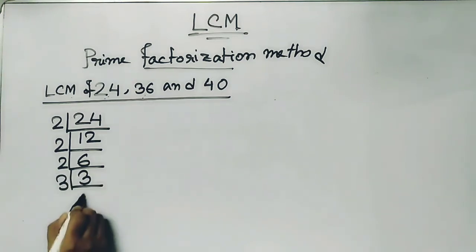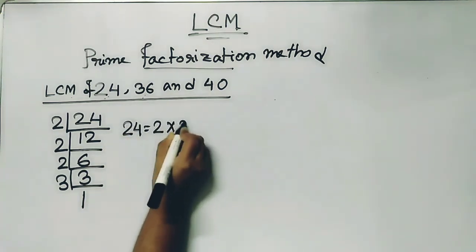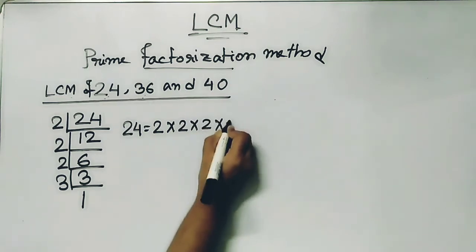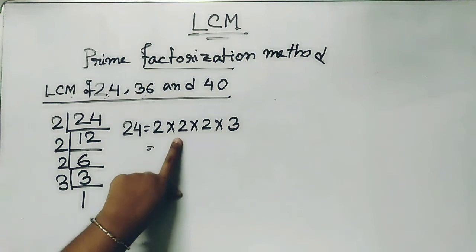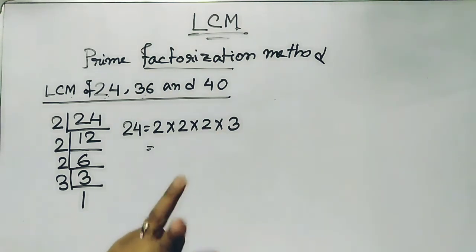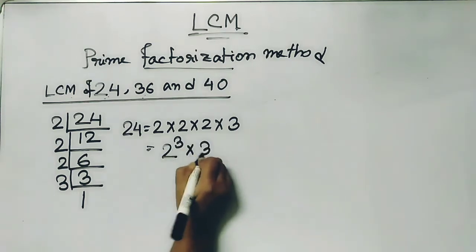And 3 is divisible by 3, so 1. So we can write 24 equal to 2 into 2 into 2 into 3. And here 2 comes 3 times. So we write 2 cube into 3.